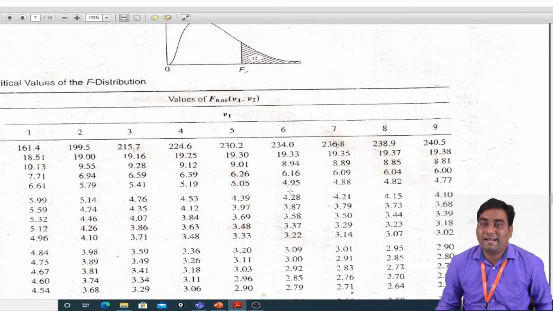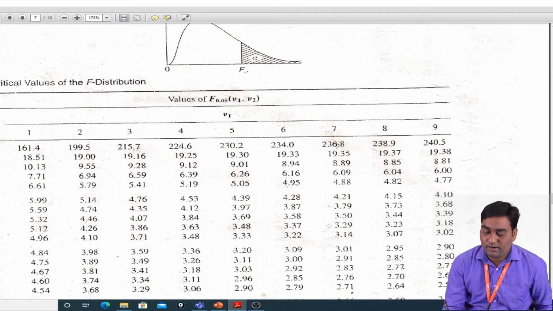At 7 comma 9 degrees of freedom, nu 1 is 7, nu 2 is 9, the corresponding value is 3.29. Nu 1 means n1 minus 1, nu 2 means n2 minus 1. So at 7 comma 9 degrees of freedom, that value is 3.29. Therefore the F alpha value is 3.29.